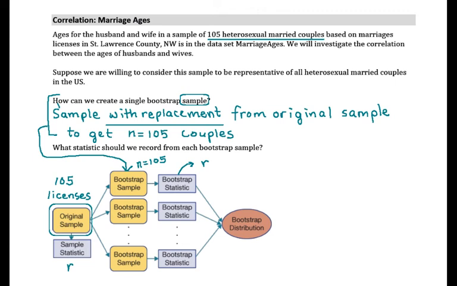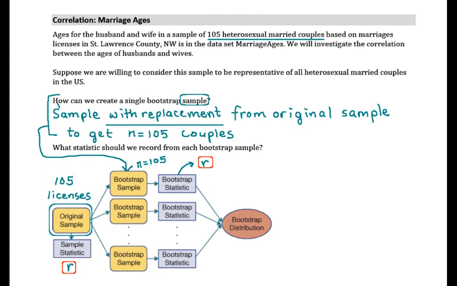These R's are going to be different, so this R is going to be different from this R, because the original sample gave us one correlation. Each bootstrap sample is going to give us a different correlation. They won't necessarily be really far apart from each other, but they won't be the same value coming up over and over again.